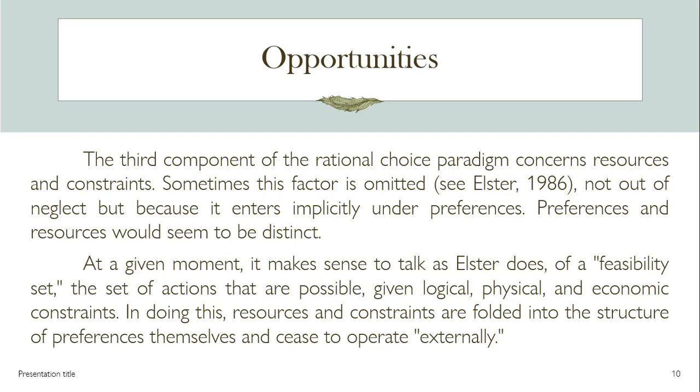At a given moment, it makes sense to talk, as Elster does, of a feasibility set, the set of actions that are possible given logical, physical, and economic constraints. In doing this, resources and constraints are folded into the structure of preferences themselves and cease to operate externally.